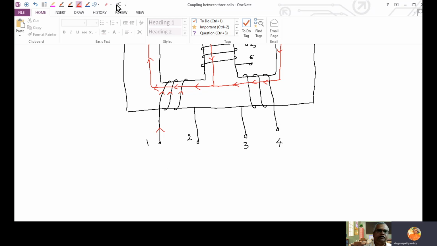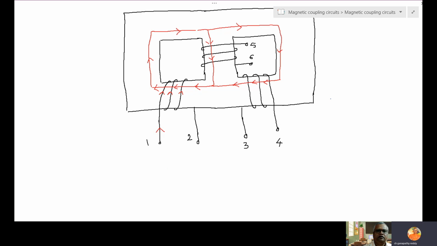Now let me send current at 3. So this is going like this.